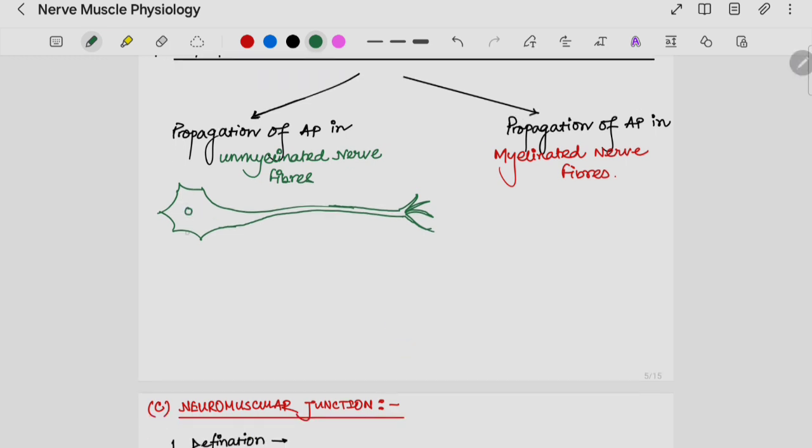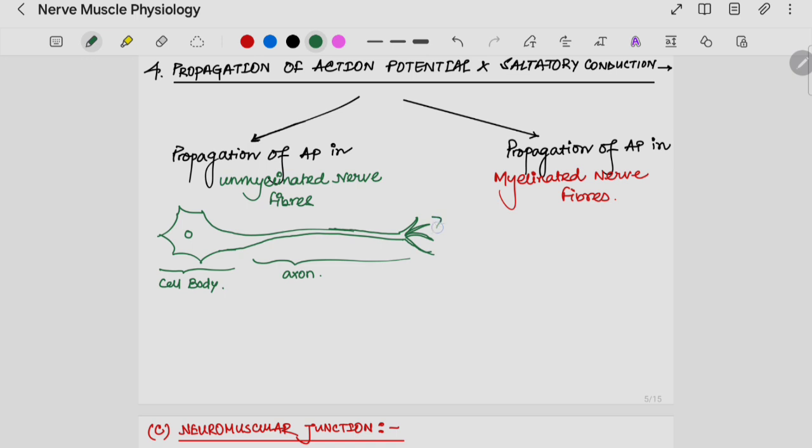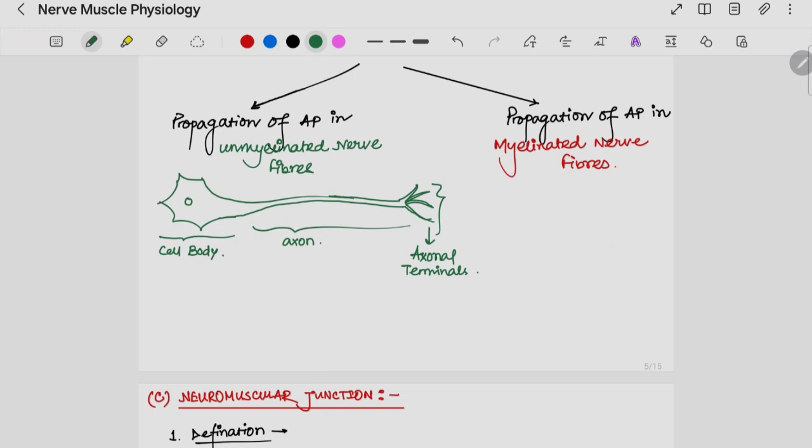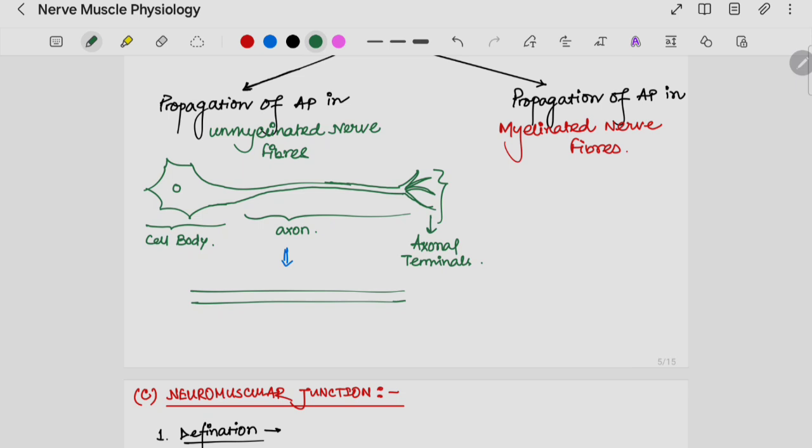So that is the neuron, that is the axonal part, and that is the cell body, and these are the axonal terminals. We are interested in the axon, right? So there is no myelin sheath, right? So this is the axon.